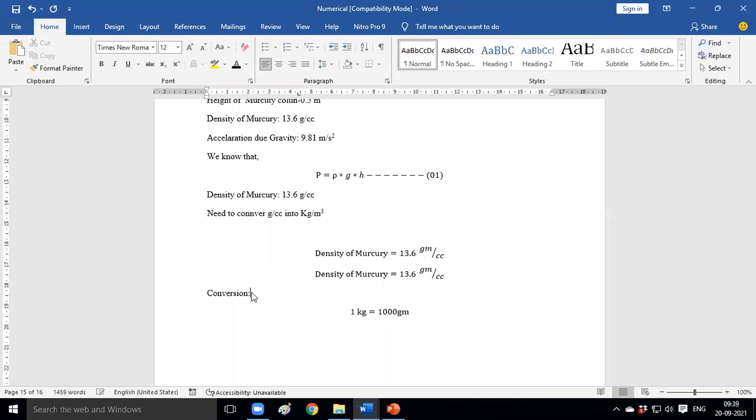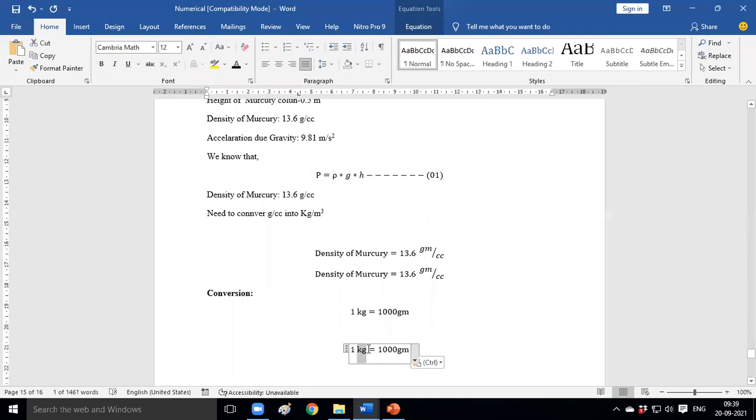We can simply call these conversions. 1 kg is equal to 1000 gram, and one more conversion, for cc, centimeter cube. So meter to centimeter. How much is meter to centimeter? 1 meter is equal to 100 centimeter.